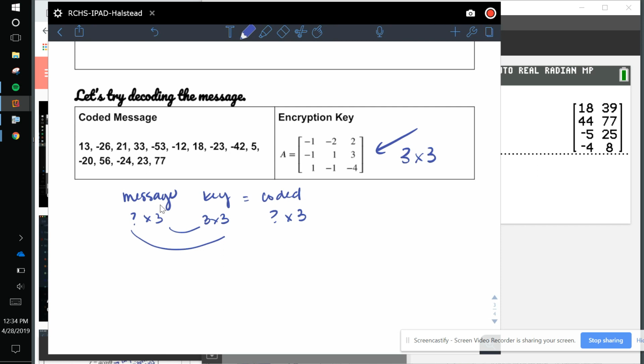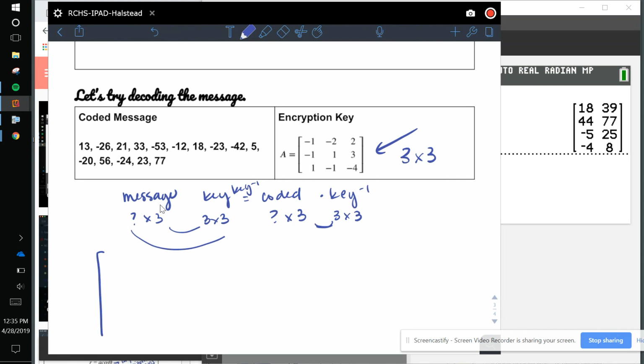Since the key inverse is also going to be a 3x3, I'm going to make sure to multiply by the key inverse on the right-hand side so that these dimensions will match. So we need to set up our coded message with 3 columns.